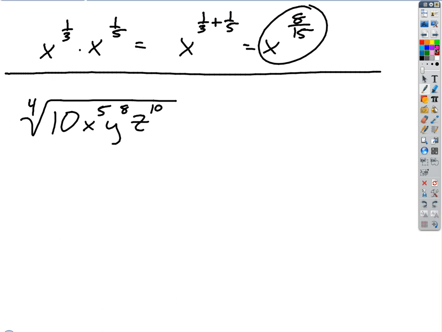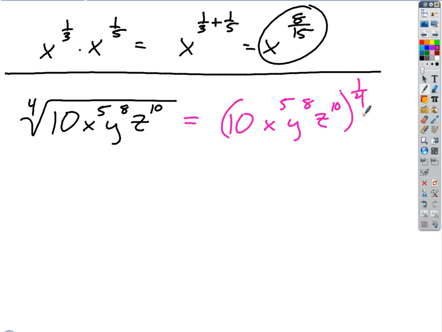Okay, so this is the very same thing as writing the quantity 10 x to the 5th, y to the 8th, z to the 10th, to the 1/4, right? The hardest part, by far, of a problem like this is the number part. The variables are so simple.